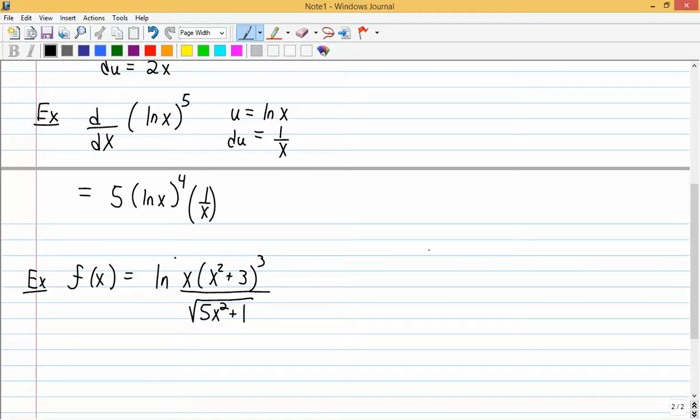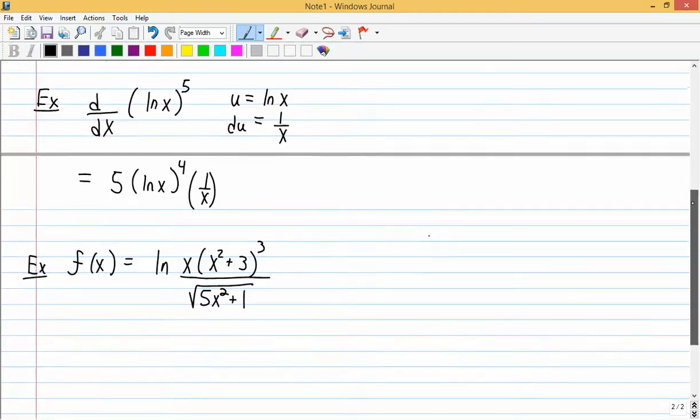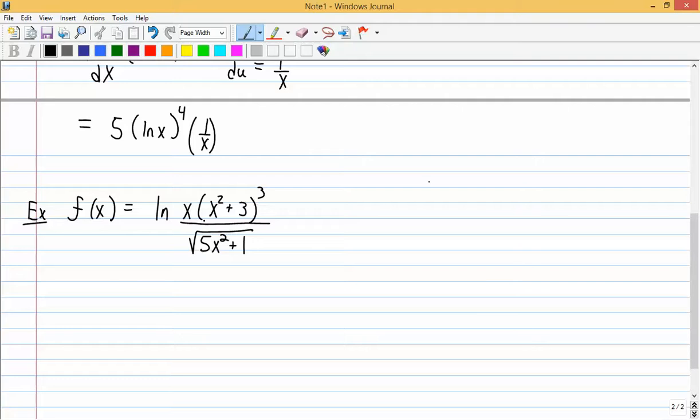So this is a problem like I was describing to you earlier, where you're taking the natural log of an expression that is very complicated in itself. It has a numerator, it has a denominator. Look, it even has more than one term in the numerator, and then it has a power here, and then you have a radical in the denominator.